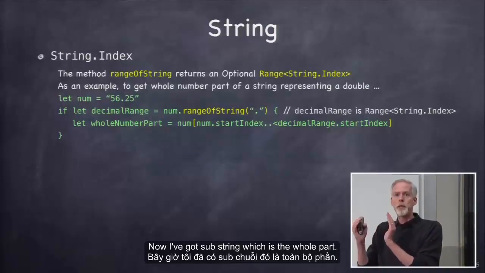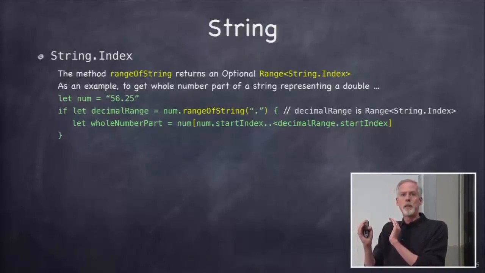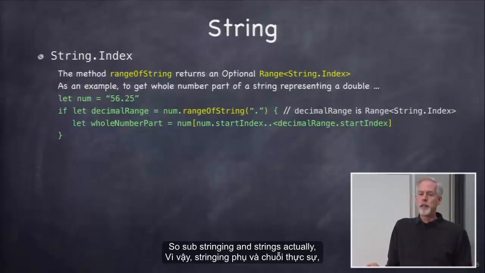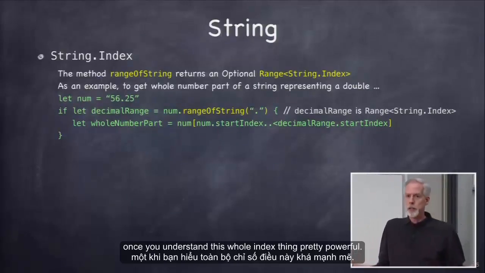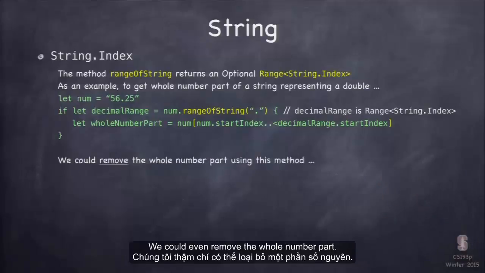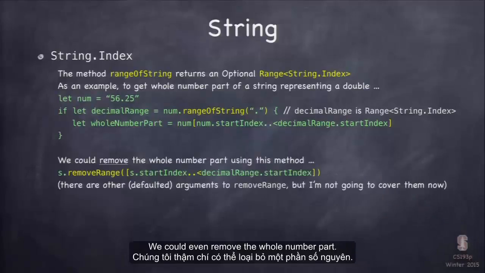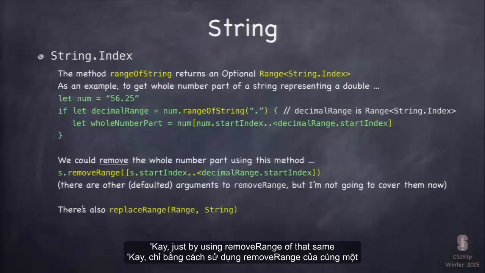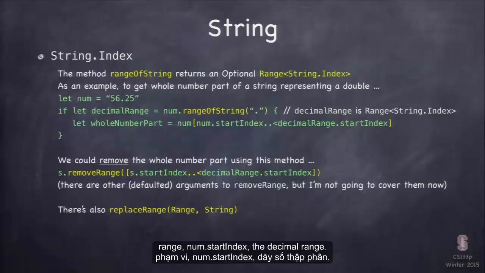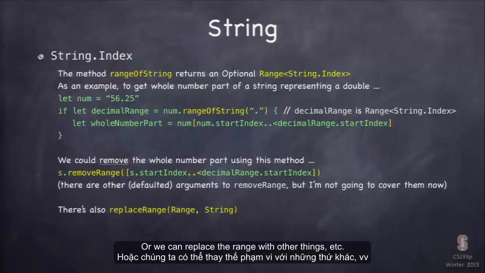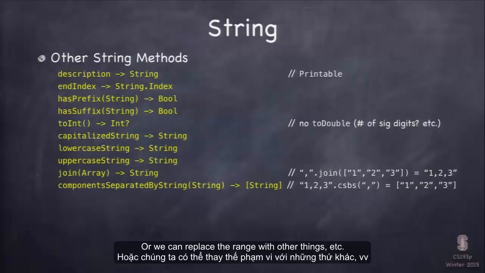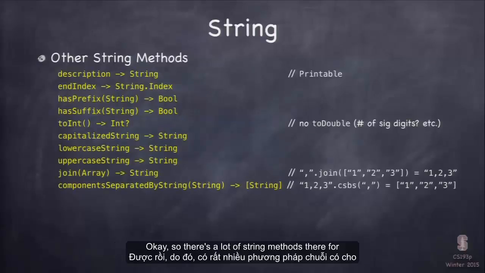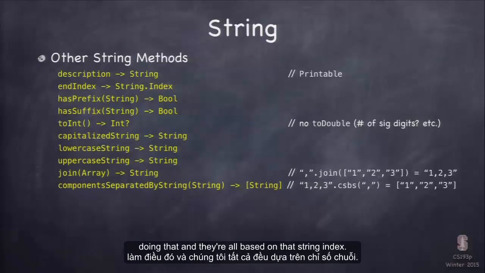Now I got the substring, which is the whole part. Everybody cool with that? So substringing in a string is actually, once you understand this whole index thing, pretty powerful. We could even remove the whole number part just by using remove range of that same range, start index to the decimal range. Or we can replace the range with other things, etc. So there's a lot of string methods for doing that, and they're all based on that string index.